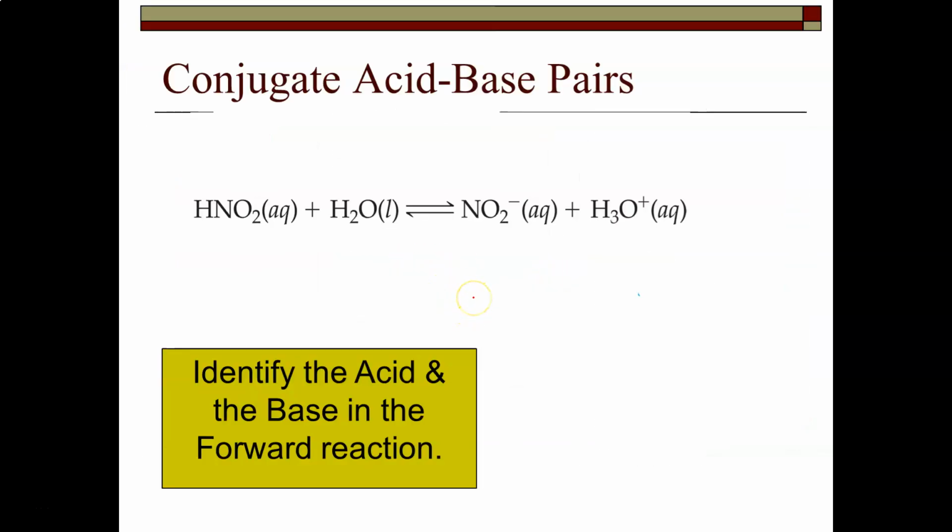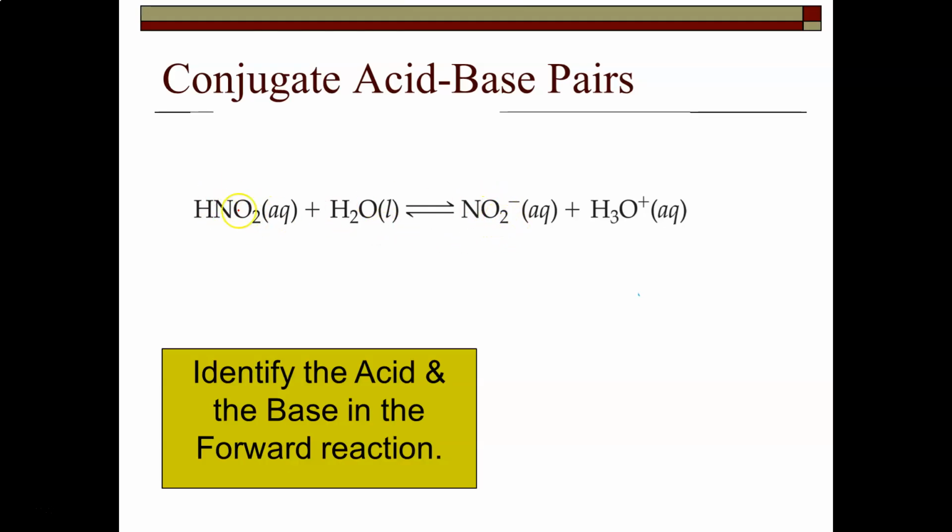Okay? So look at our example here for conjugate acid-base pairs. We have HNO2 plus H2O yields NO2 minus and H3O plus. So identify the acid and base in the forward reaction is what we want to do. So this is really easy. In the forward reaction, that's the reaction going left to right, identify the acid and base. So you have HNO2 plus H2O, and on the product side, you have NO2 minus.